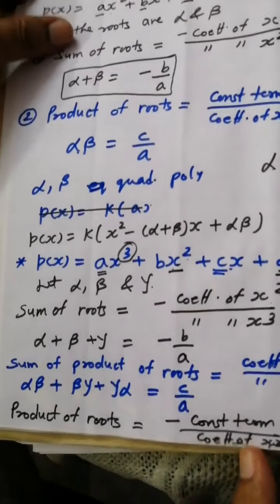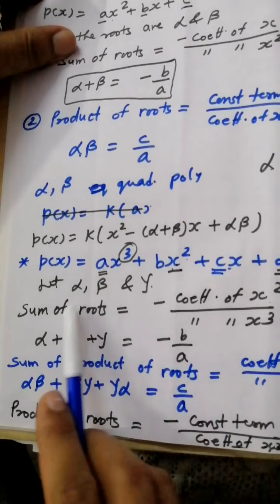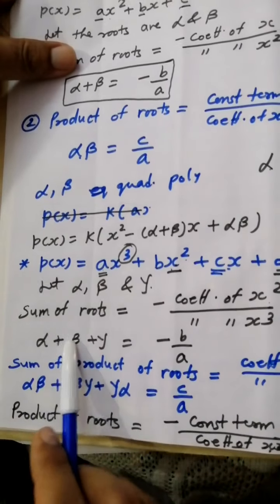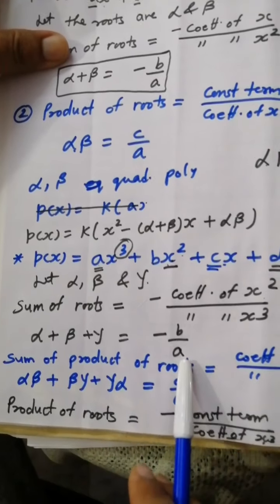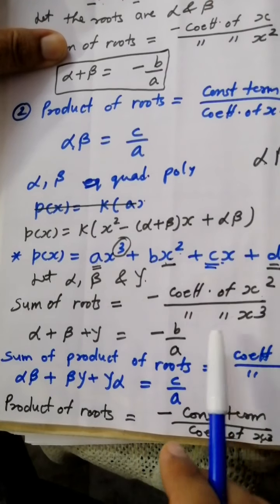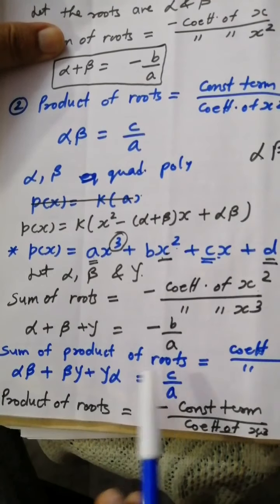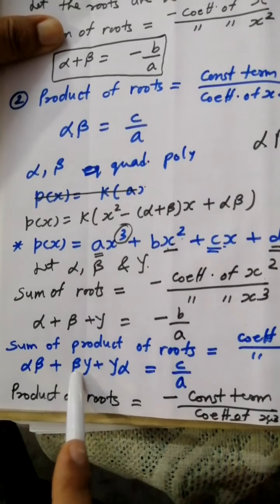Now if it is a cubic polynomial, then the roots will be alpha, beta, gamma because there will be 3 roots, and the sum of roots will be minus b upon a, which means the coefficient of x square divided by the coefficient of x cube. After that, the sum of product of roots: alpha beta, beta gamma, gamma alpha.